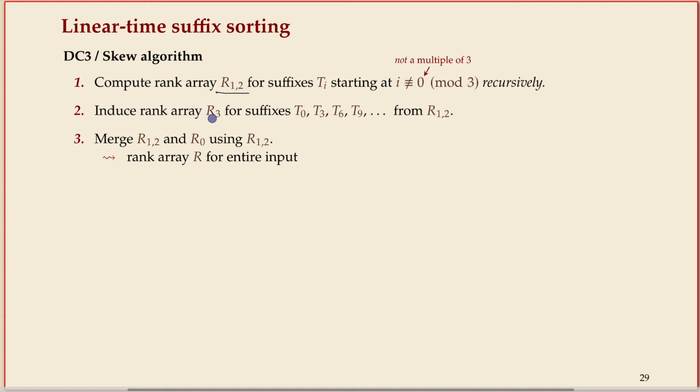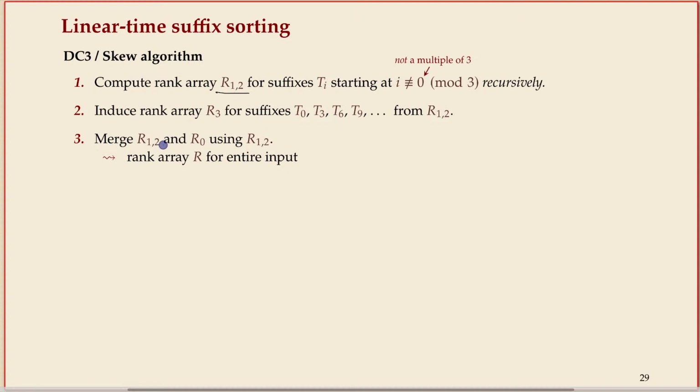And similarly for R3. Of course, the final answer that we want is, in a way, the combination of these two, where we can, for every pair of indices, say which one comes earlier. Or we can determine the rank for every index in the entire set.